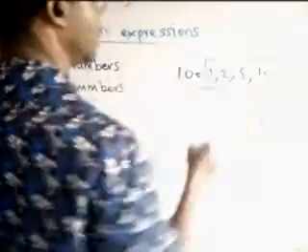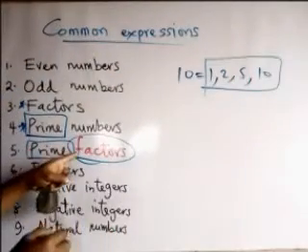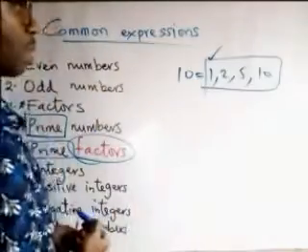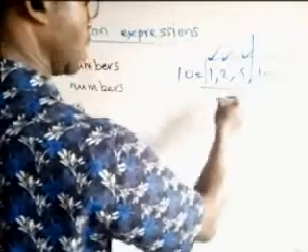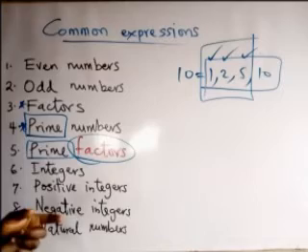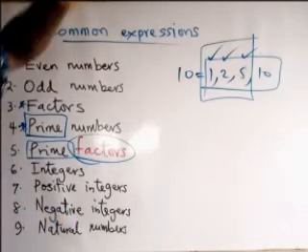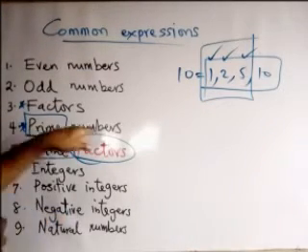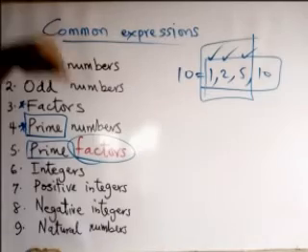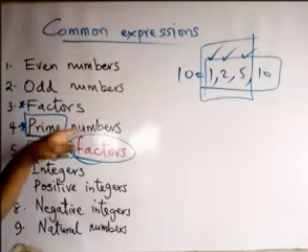Amongst all of these, which of them is prime? 2 is a prime number. 5 is also a prime number. So these are all the prime factors of 10. Meaning that prime factors are factors of a particular number that are prime numbers.